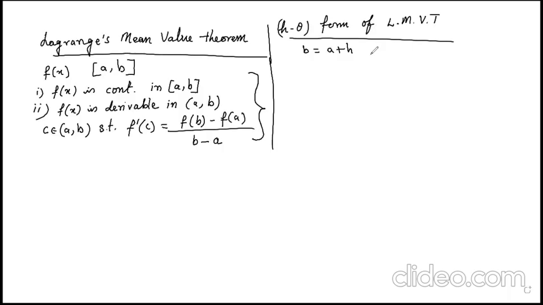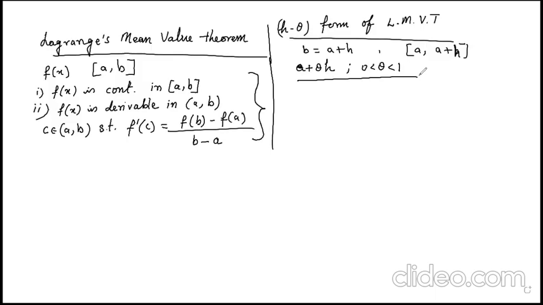If we replace b as a plus h, then the interval becomes a to a plus h, and any point between a and a plus h can be taken as a plus theta h, where theta always lies between 0 and 1.